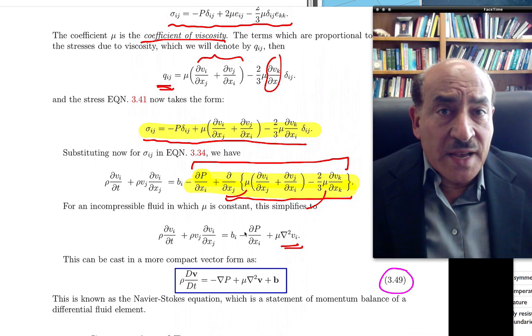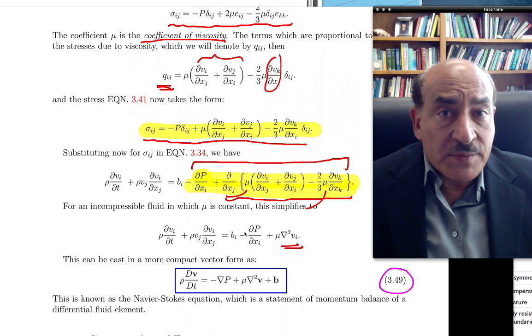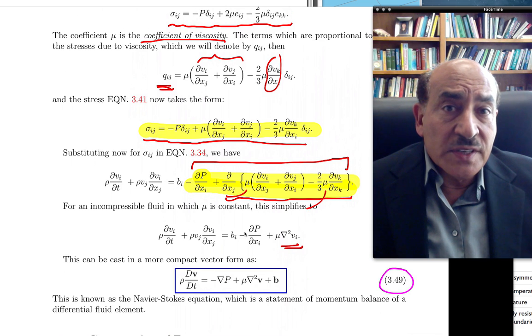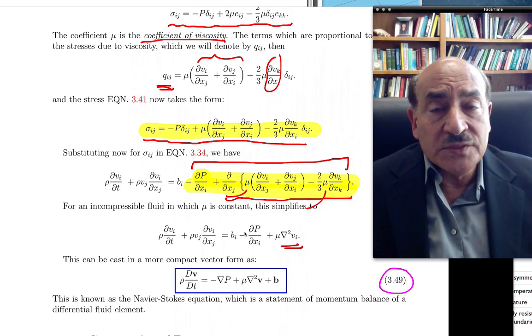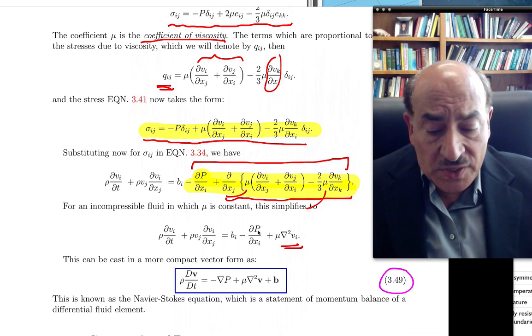Then we'll subtract that from the total energy obtained by applying the first law of thermodynamics, and the difference is going to give us the equation for thermal energy that we would require in the modeling.